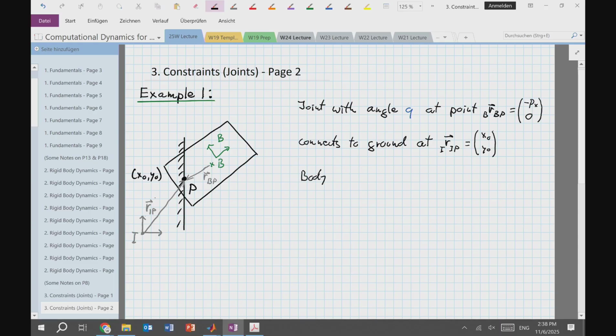My body is B, and it has a position and an orientation in 2D, so it's a planar example.